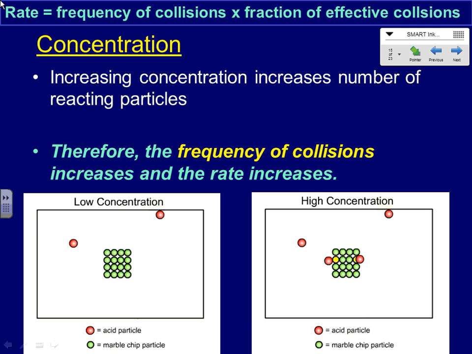Increasing the concentration increases the number of reacting particles. If there's more reacting particles, then therefore the frequency of collisions increases. It's increased that number of collisions per second. If there's more collisions happening, then there's a greater probability of having those successful collisions. The reaction rate increases.